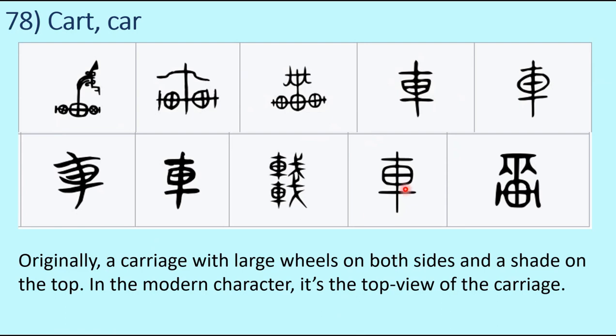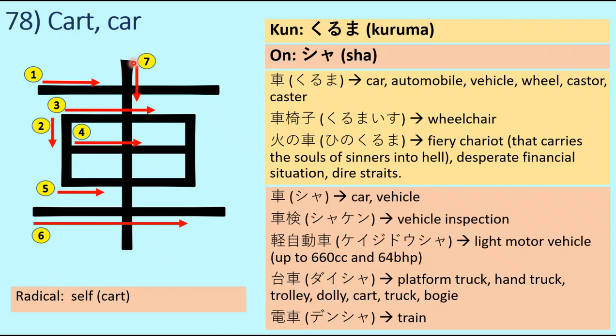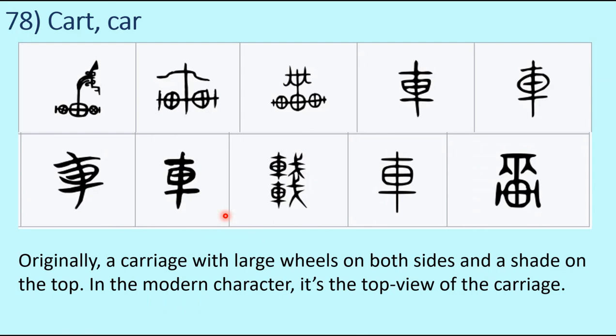So in the modern character, we have this as the car. This is nothing but the body of the car when seen from above, and these are the wheels when seen from above. So this is how this character has evolved. Very, very interesting, artistic as well, and very, very logical.